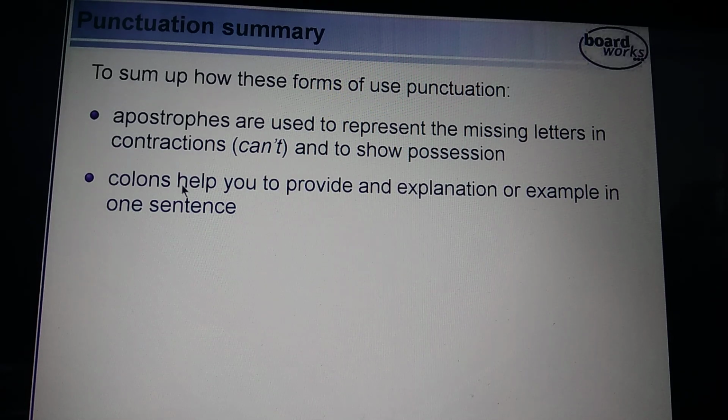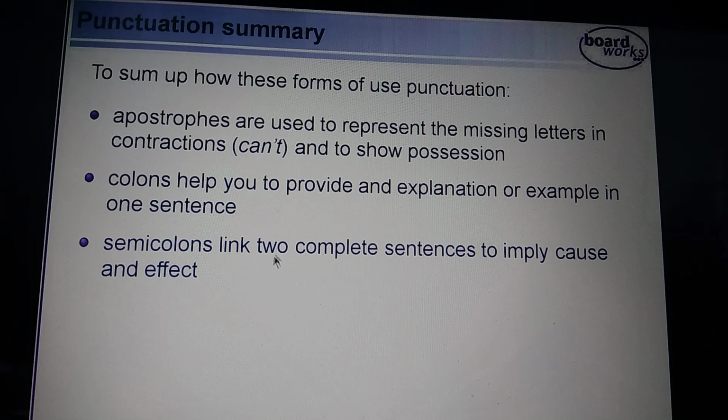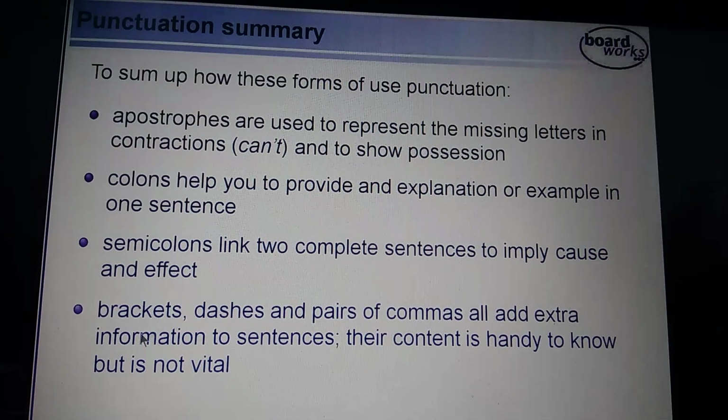The second: colons help you to provide an explanation or example in one sentence. And semicolons link two complete sentences to imply cause and effect. Brackets, dashes, and pairs of commas all add extra information to sentences. Their content is handy to know, but is not vital, and can be avoided.